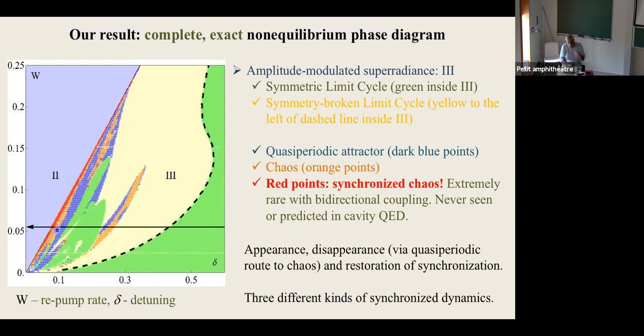So in terms of synchronization, this phase diagram can be described as appearance, disappearance, and restoration of synchronization. So there are 3 different kinds of synchronized dynamics here. This region 2, just like for one clock, and then you have this limit cycle, and also this synchronized chaos.